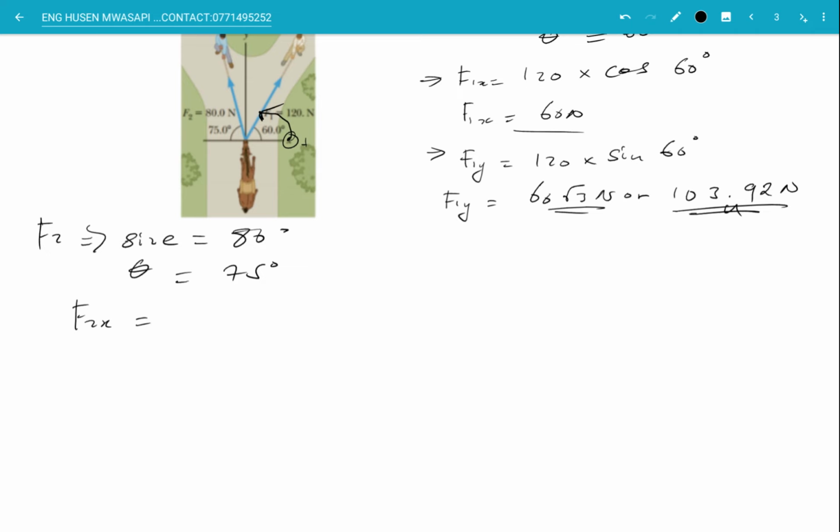So it's going to be size, which is 80, times cos direction, which is 75 degrees. F2x is equal to 80 times cos 75.